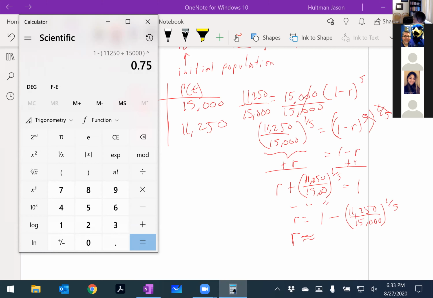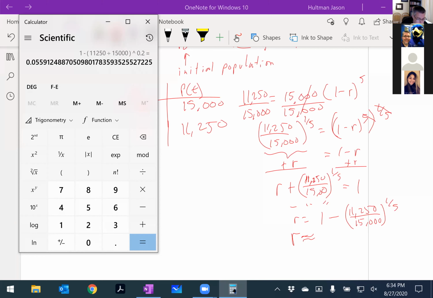Well, 1/5 is 0.2, if you want to know. So I'm just going to raise this to the 0.2 power.